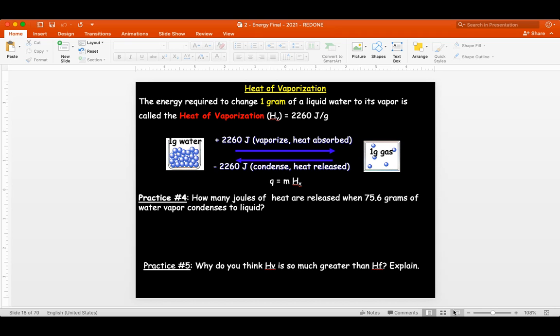And again, I know you can't see the problem here, but you would get Q equals 75.6, right, times the 2260 joules per gram, all right, and you would get about 170,000, but actually 17,000, right, 85.6 joules.